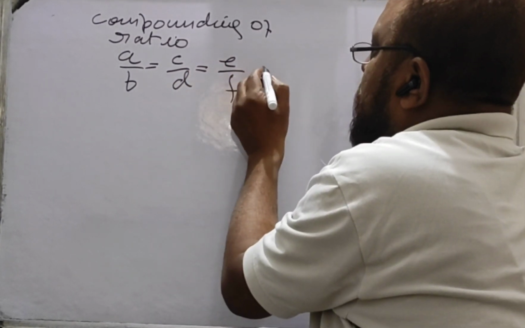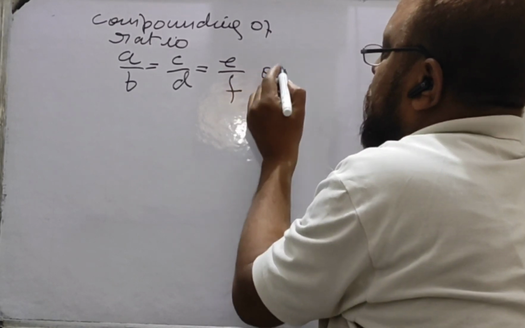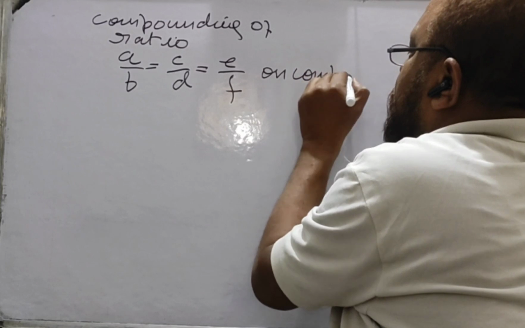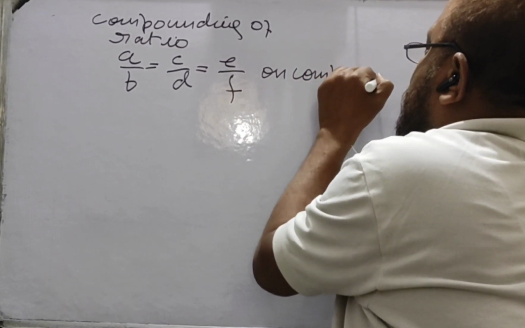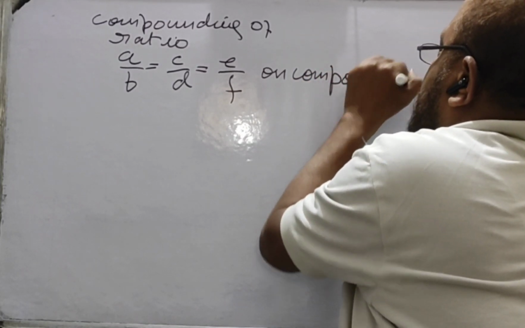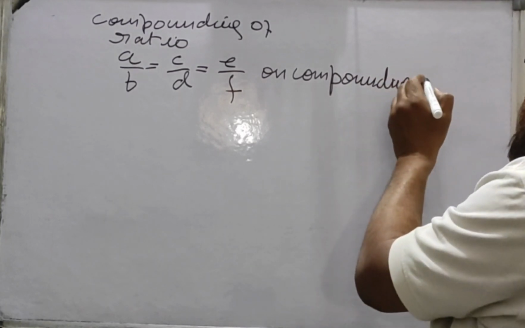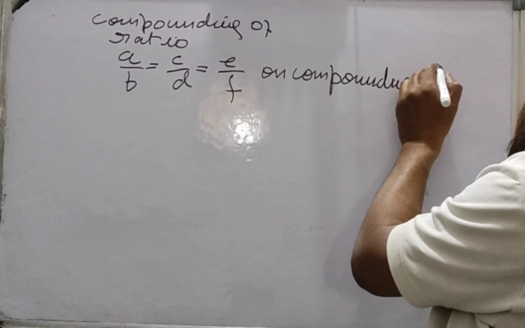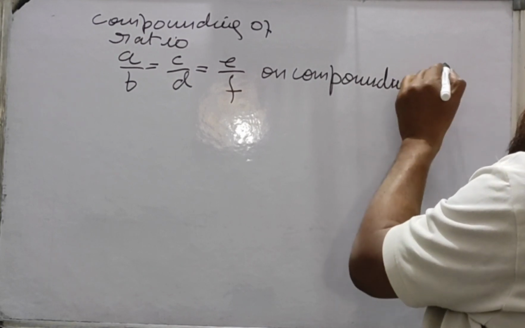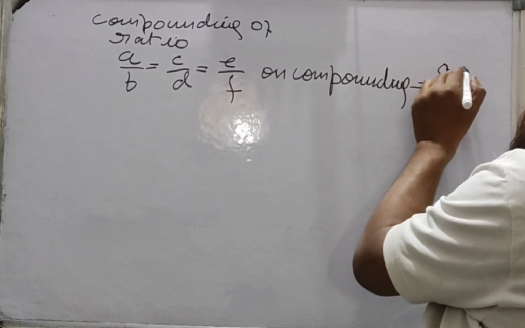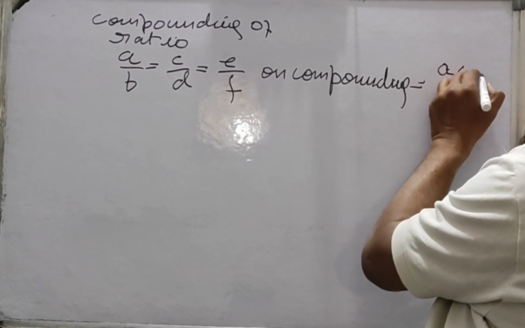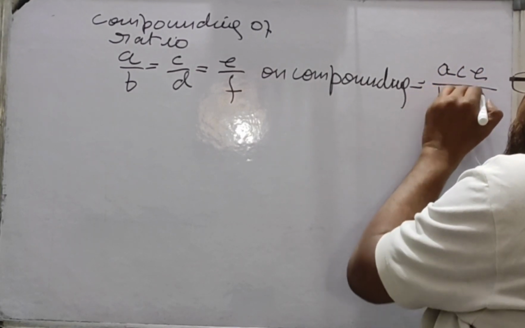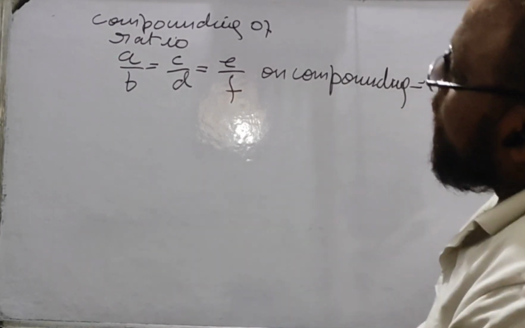When we do compounding, it becomes ace upon bdf, right?